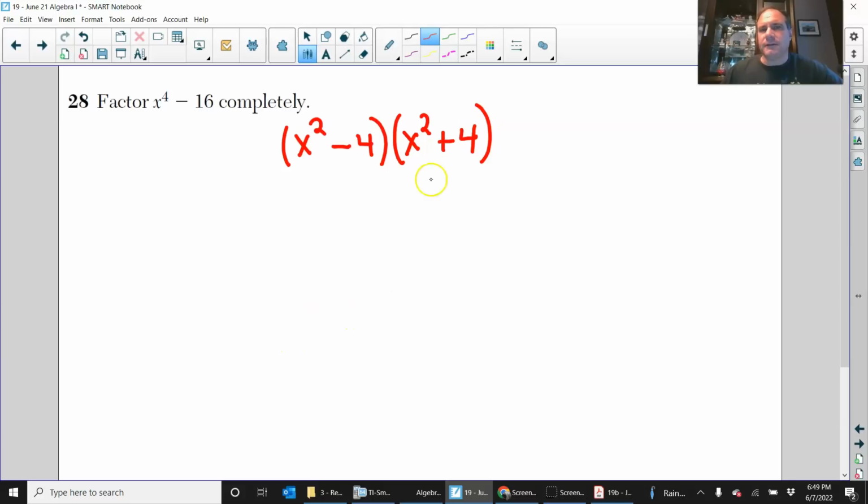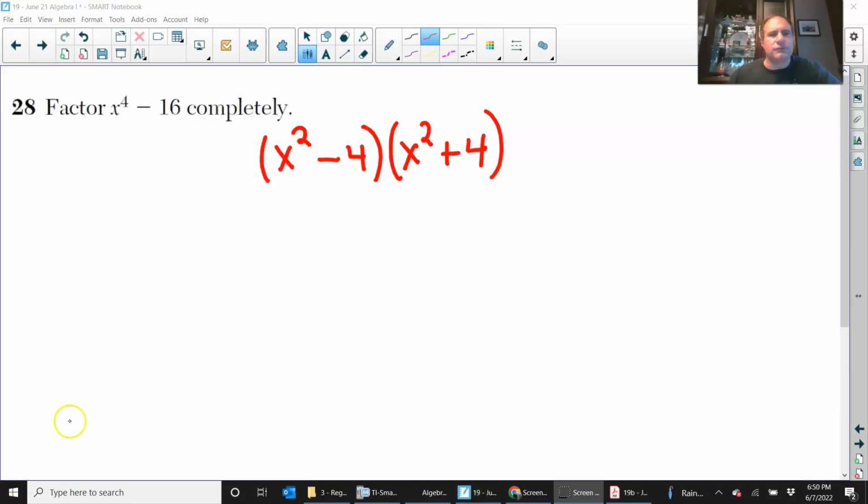But you're kind of like, okay, there has to be one more step. It says factor completely. So you remember the difference of squares has to be like a minus. So we're talking about this right here, this x squared minus 4. You could break that down into what times what equals negative 4. So it's x times x, okay?